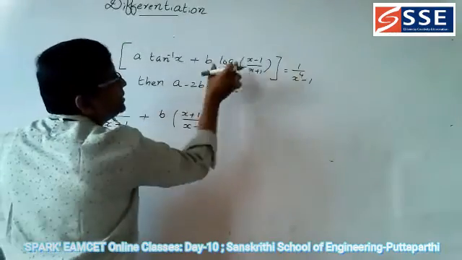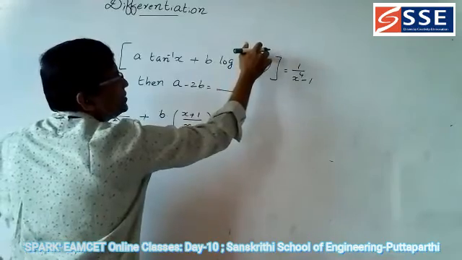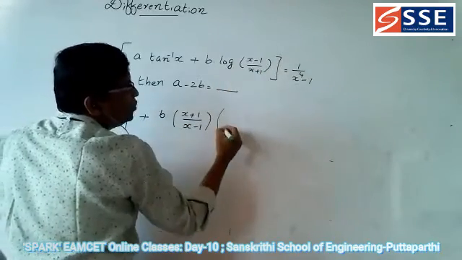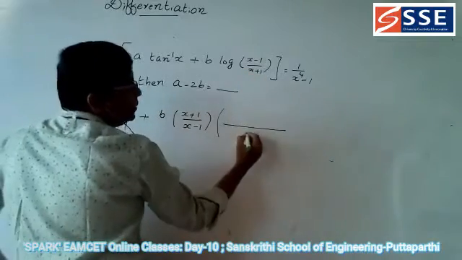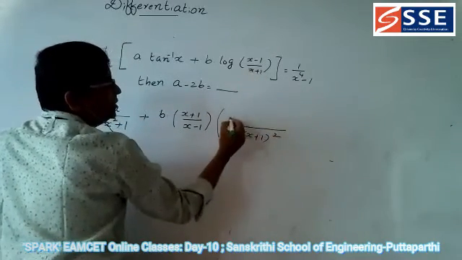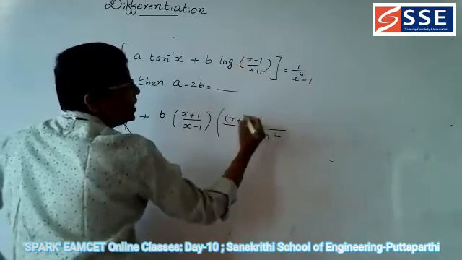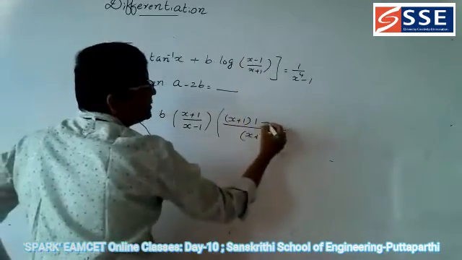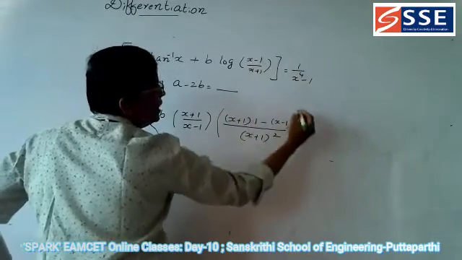Again differentiate, see here, we are talking about log x only. Again differentiation of this term is equal to what? This is in u by v method. U by v method means v square, the same term, into differentiation of numerator, 1, minus the numerator into differentiation of denominator, 1.